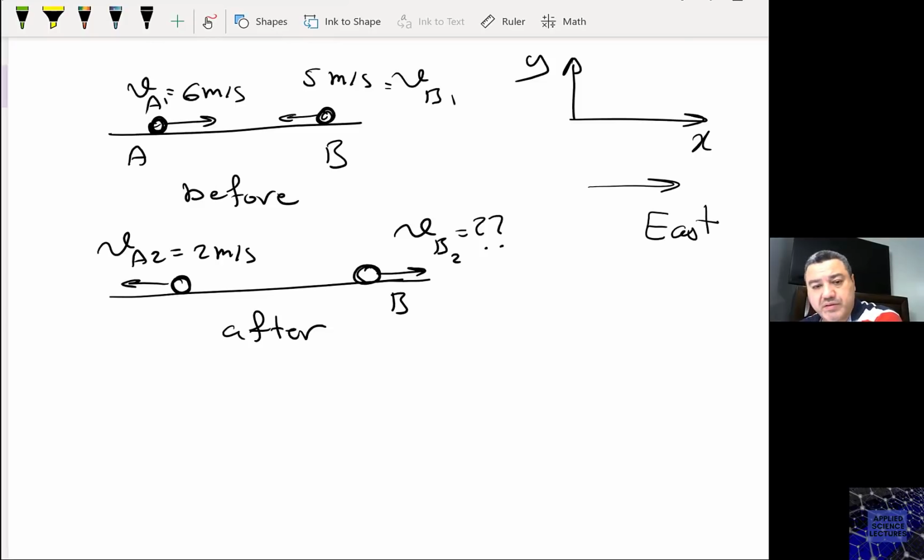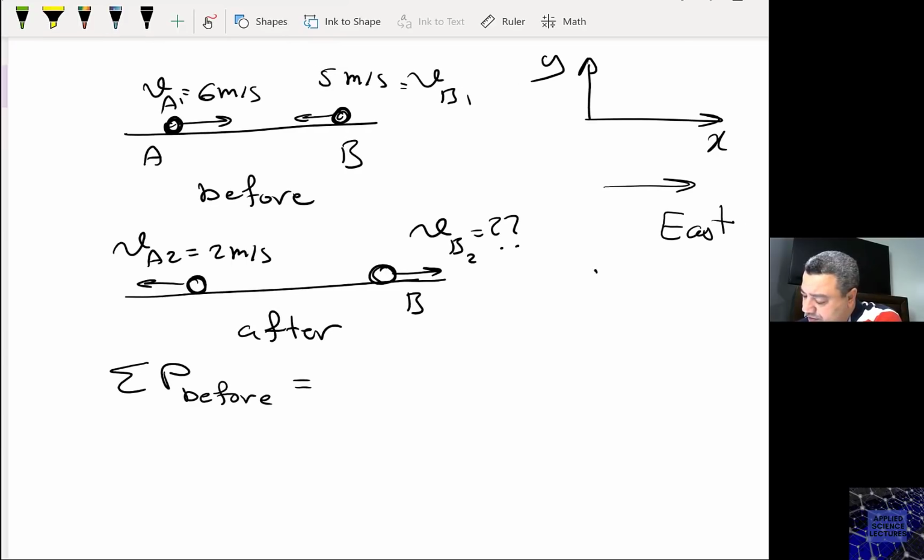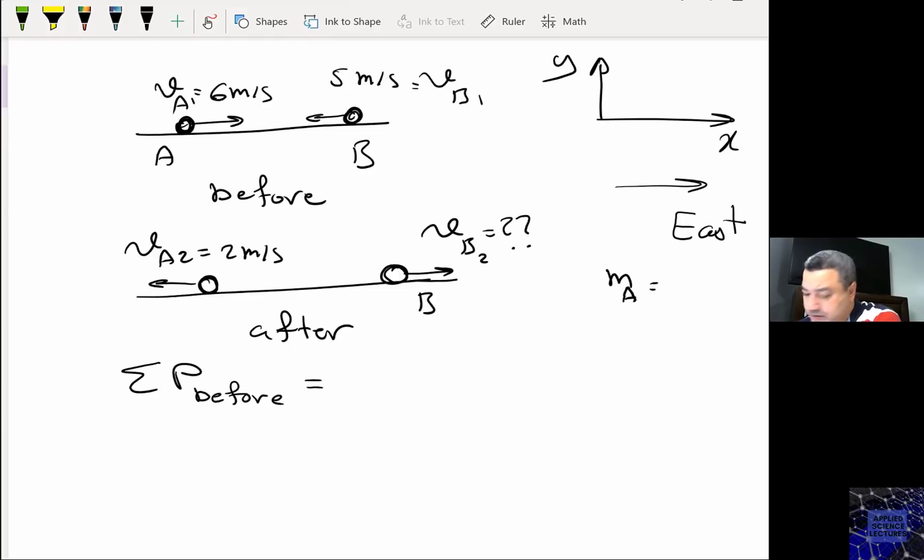Okay, so let's write momentum before and after. So here I have sigma p before. This equals m, so this is ma. Ma is 2 kilograms, Mb is 4 kilograms.